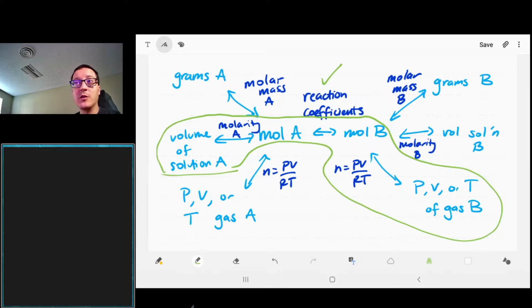So nowhere in this do we use molar mass. Molar mass is only if we use grams. And so in this particular problem, we're not using grams, so there's no need for any conversion factors except the ones that we've kind of circled here as we've gone through it. So this is definitely a handy chart to have at your side.